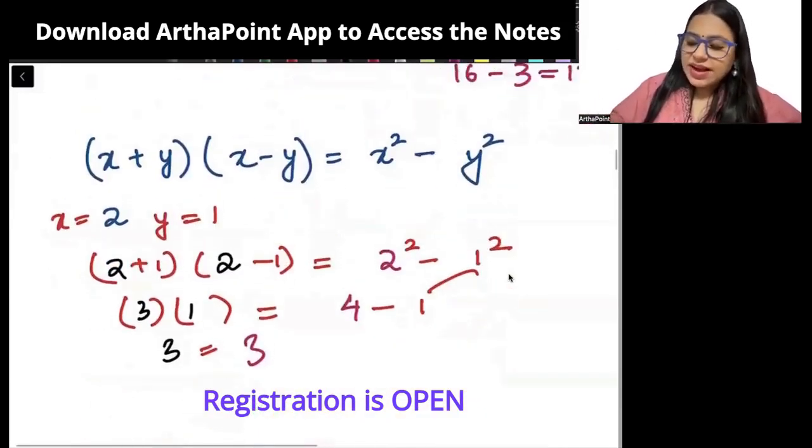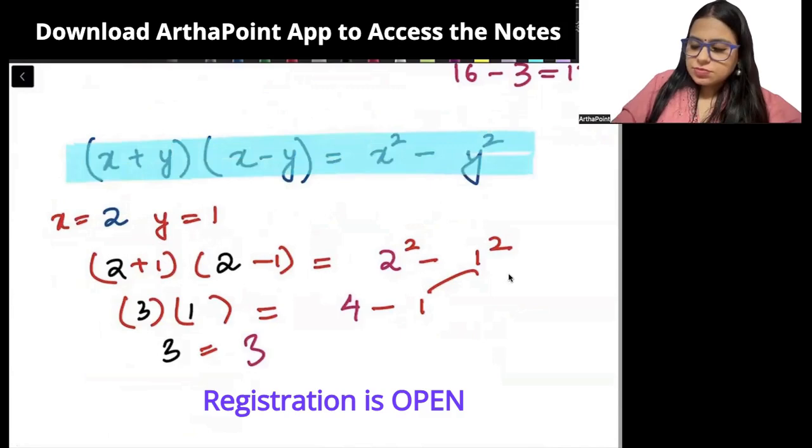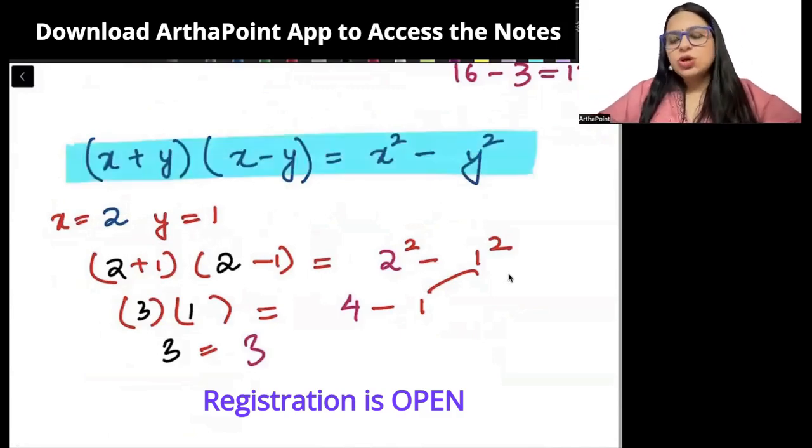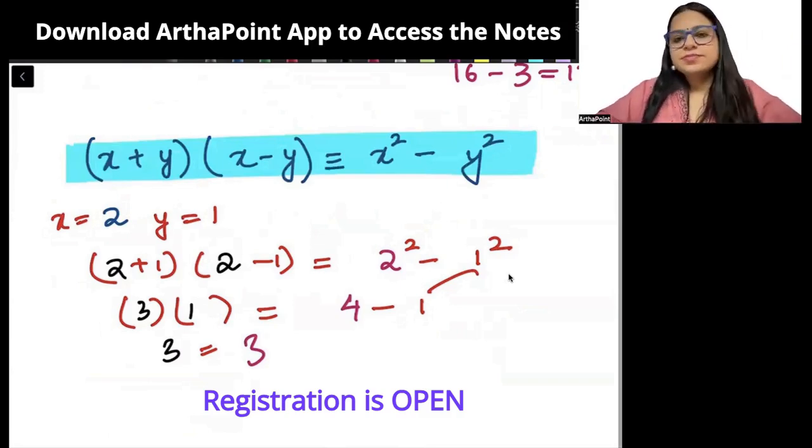So something that holds true always, जो चीज हमेशा true होती है, that is basically an identity for any value of x and y. So it becomes an identity.